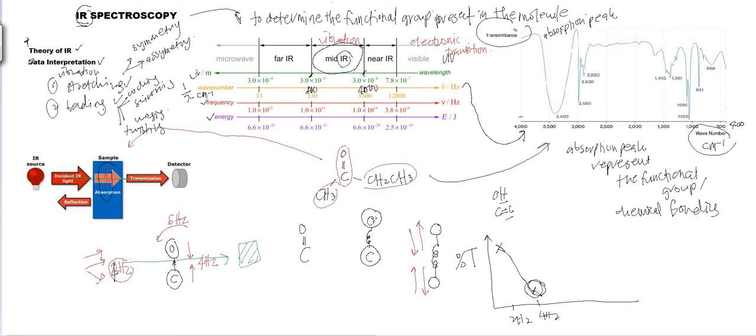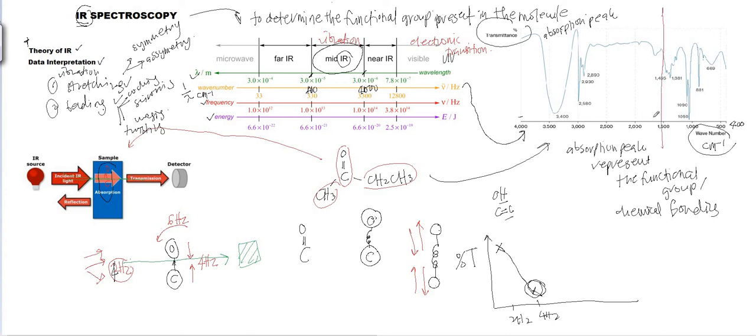Okay, so for the theory of IR, last but not least, when you are referring to the table, to the spectrum, okay, lepas ni kita akan go through in detail. Saya cakap macam mana nak interpret the data, but the most important thing here is when we talk about the spectrum of the IR ni, selalunya you try to separate this one.